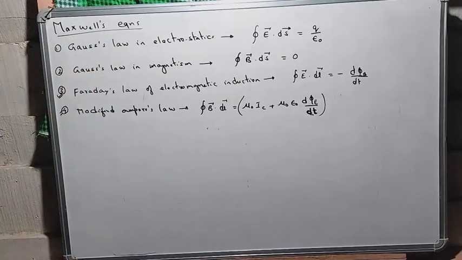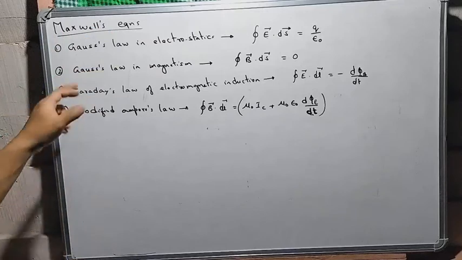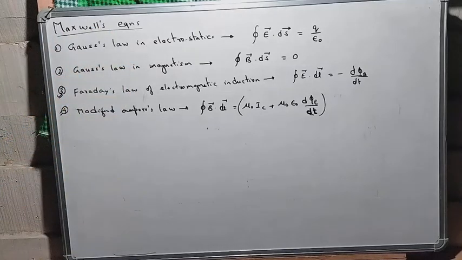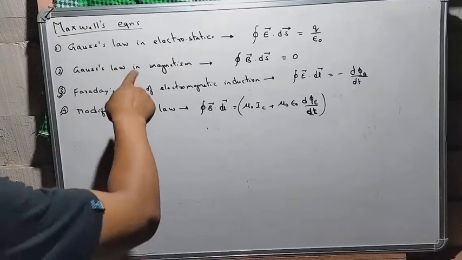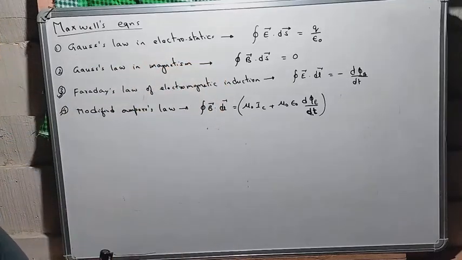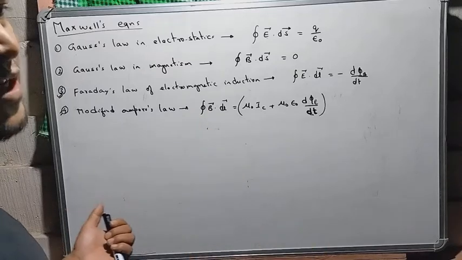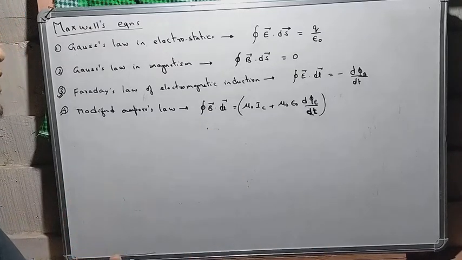The first equation of Maxwell is Gauss's law in electrostatics. If you remember, Gauss's law in electrostatics says that the electric flux passing through any closed surface is equal to 1 upon epsilon naught times the charge enclosed by the surface.